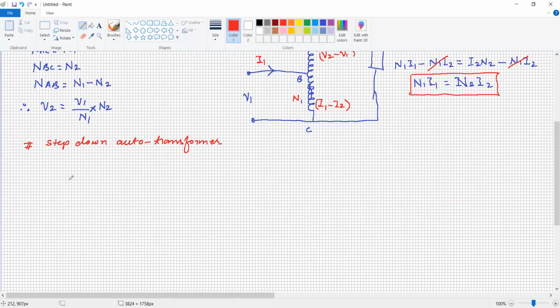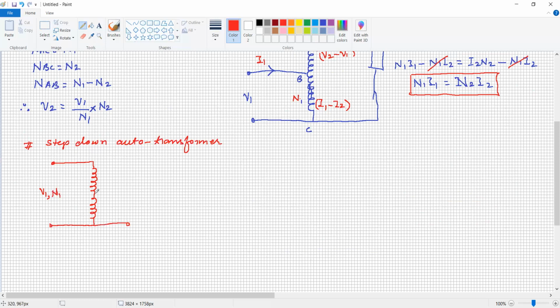What is the step down auto transformer? Here the turns are divided into two windings. It is a step down transformer with V1, and the total number of turns is N1.